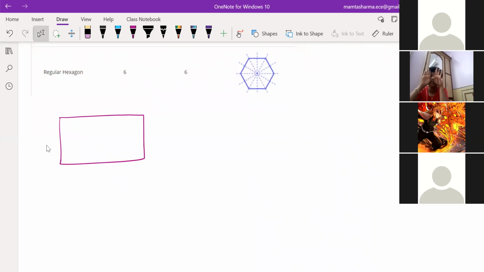Ma'am, 2, sorry. Yes, 2 is correct, 2 lines of symmetry. Yes, Ritvik, Nimala? Mohit, yes, sir. Yes, ma'am, how many lines can be drawn to divide? How many lines of symmetry could exist?